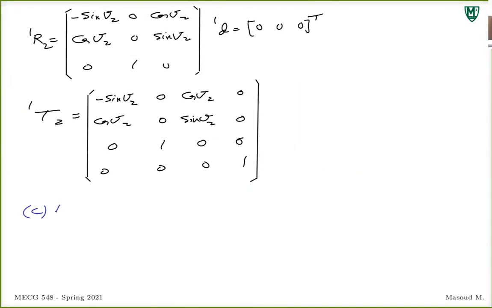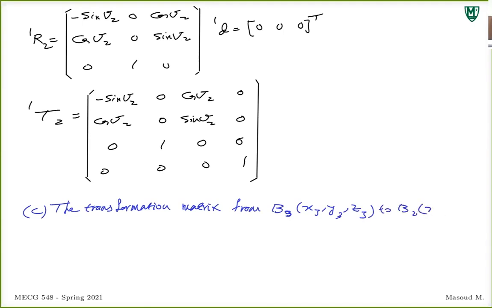The transformation matrix from B3, which is basically X3, Y3, Z3, to B2, X2, Y2, Z2.